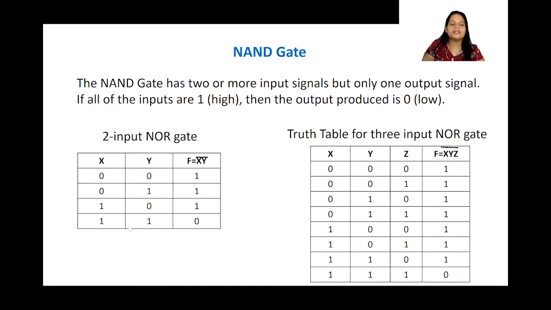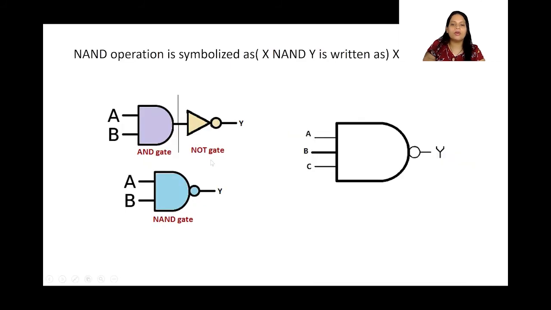So how do we represent the NAND gate in a logical diagram? See here, we have an AND gate, then we are adding the NOT gate. Together combined, they form a NAND gate. So the AND symbol with the bubble is called a NAND gate.